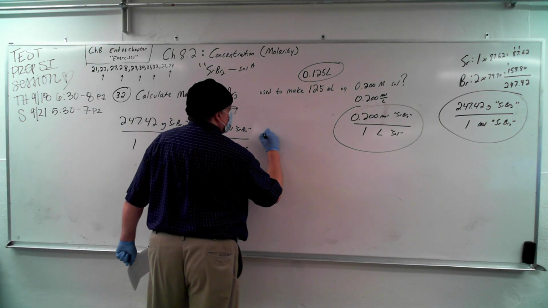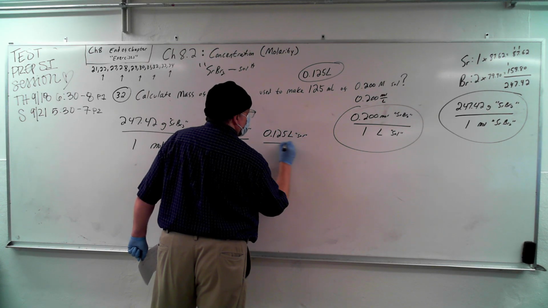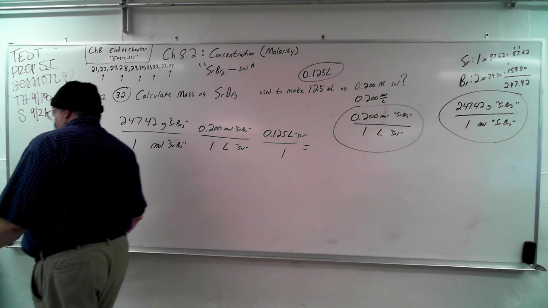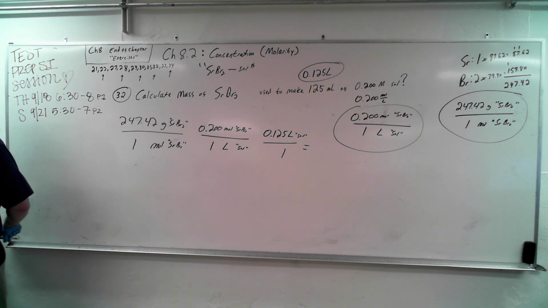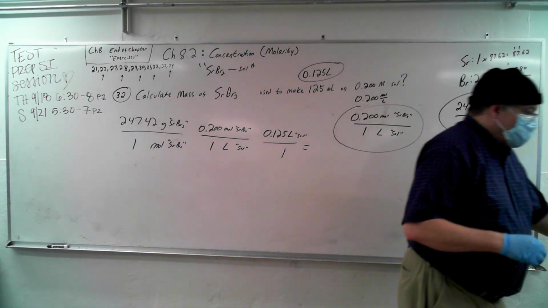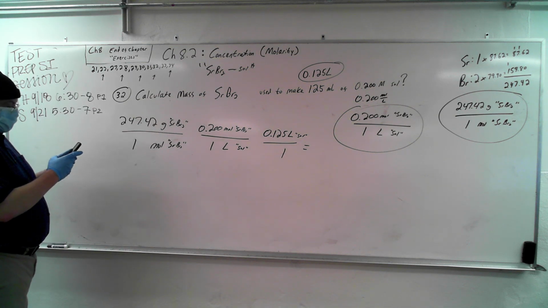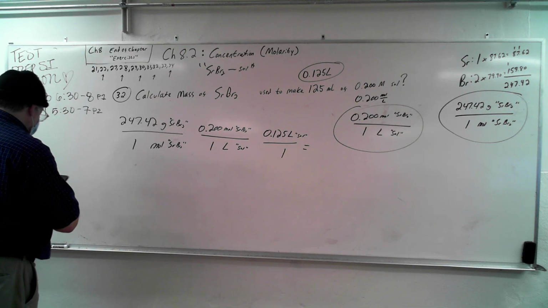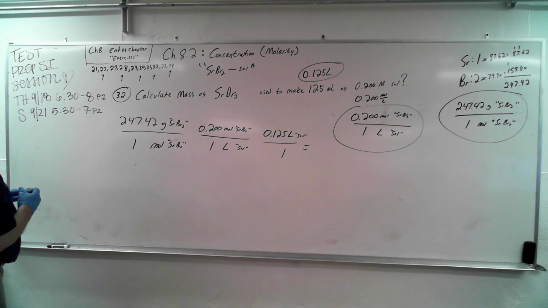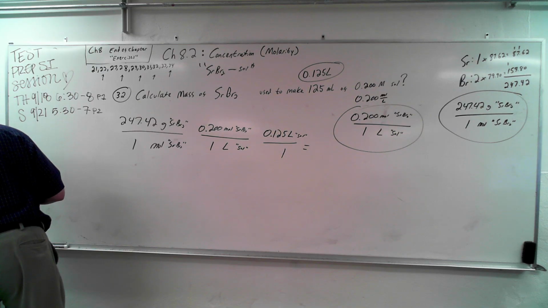Here's our liters. And that'll do it. 247.42 times 0.2 times 0.125, nothing to divide by. We're still in 3 significant figures because of this and this. And I've got 6.1.